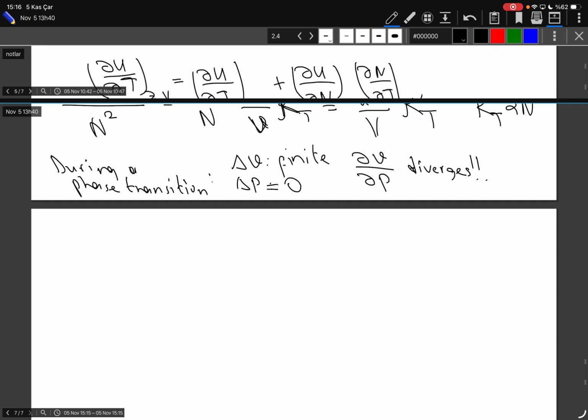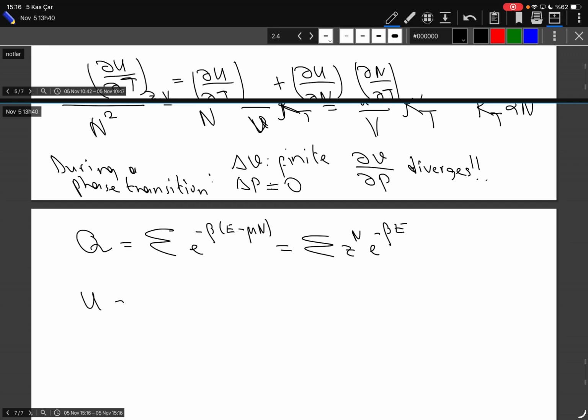Again, a reminder: the partition function Q, the average energy will be just minus the derivative with respect to beta of the logarithm of Q, at constant Z and V.